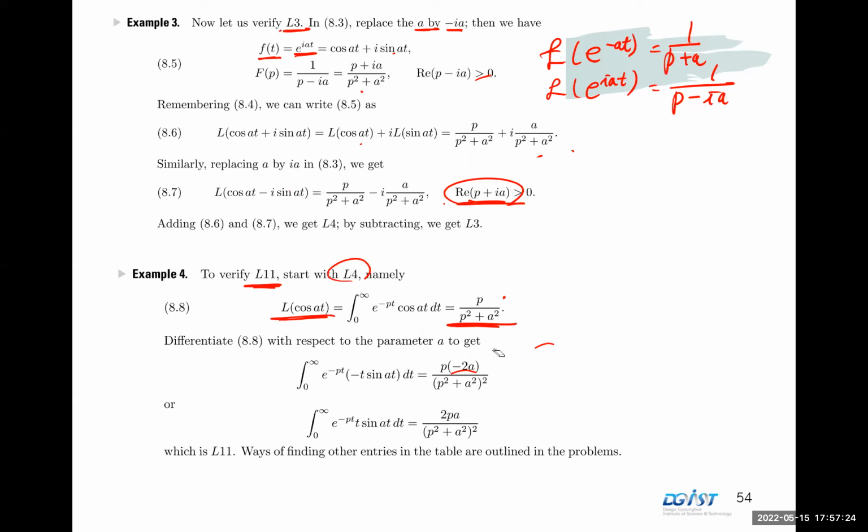And let's take the derivative on both sides with respect to A. Here, on this side, we have minus T sin AT. And this one, when you take the derivative with respect to A, we have this one.